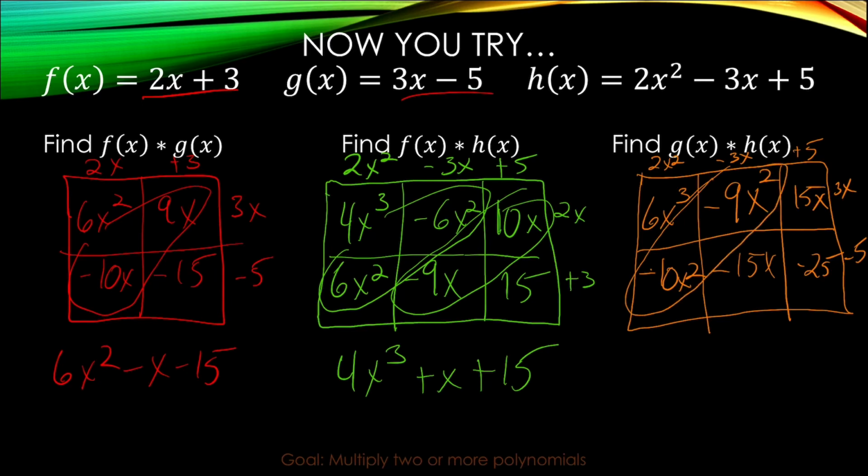I have my diagonals there. So I have 6x to the third. That's going to be minus 19x squared. Notice that diagonal is negative 15x plus 15x, which is 0, minus 25. There's my answer. We did it pretty easy.